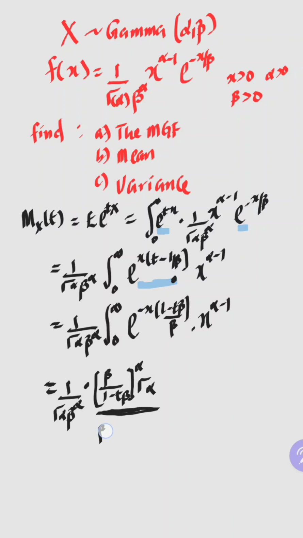We have beta times 1 minus t beta. What is the condition for multiplying this?